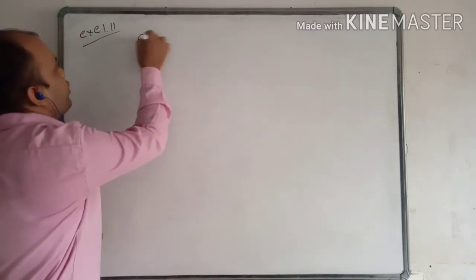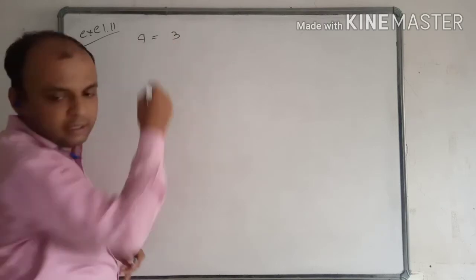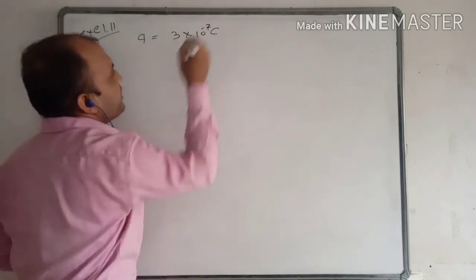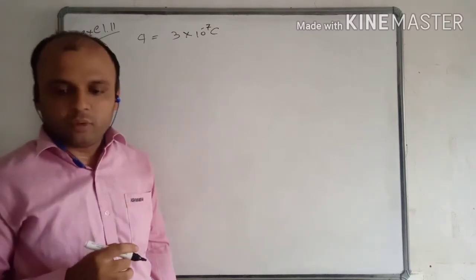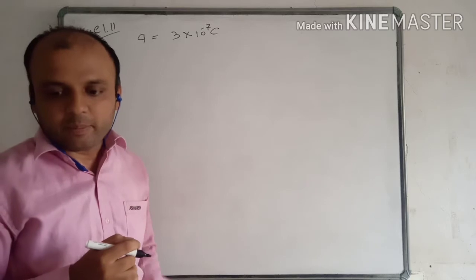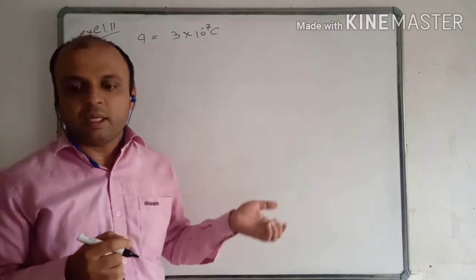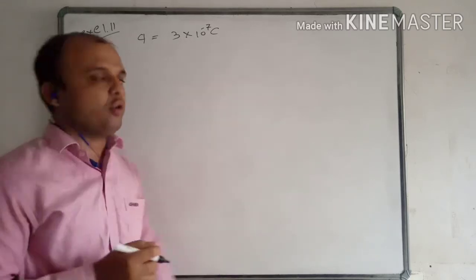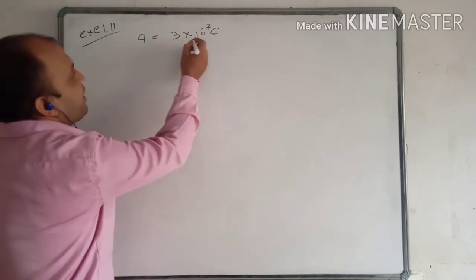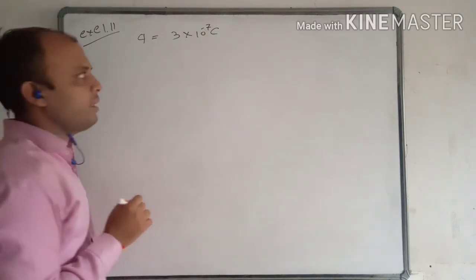So here Q will be 3 into 10 raised to minus 7 coulomb. We have to find the number of electrons and also whether mass will be transferred or not.